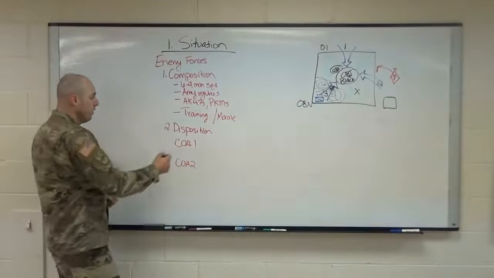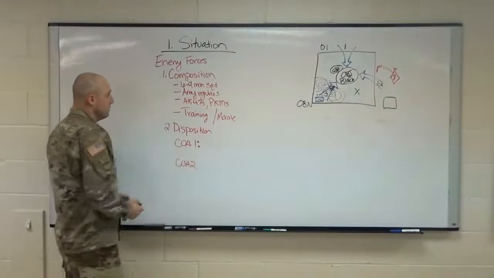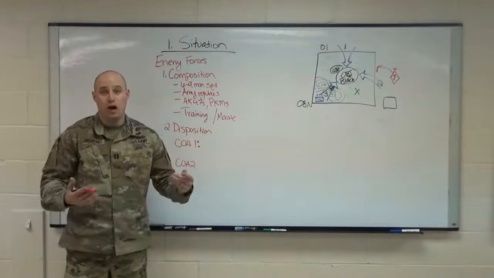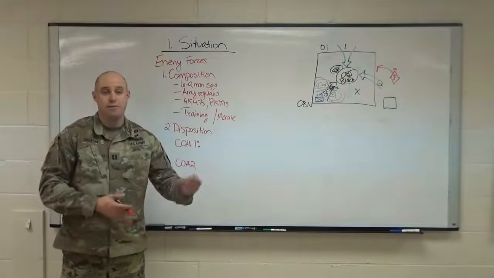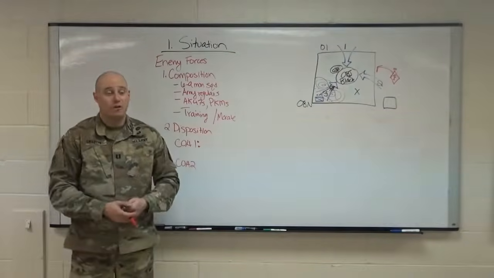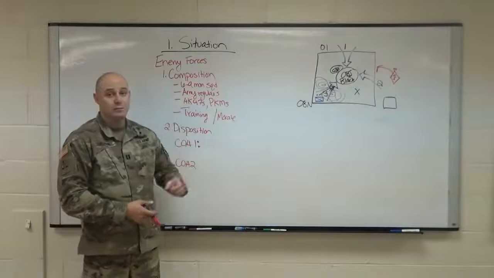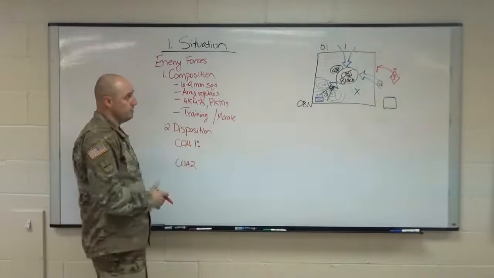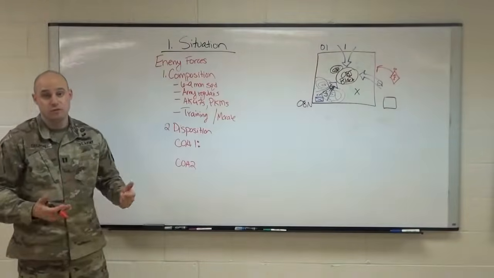So for COA1, we basically have the 6 to 9 man squad operating in zone. They'll withdraw upon contact. If we make contact with them, they're going to withdraw off the objective. COA2, which is probably a little more dangerous, they are going to retain that objective, and there's a QRF about 30 minutes east of our location that is ready to respond.